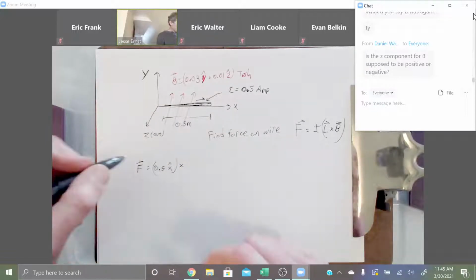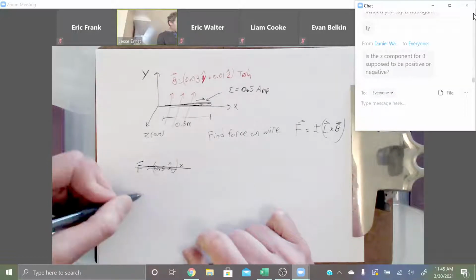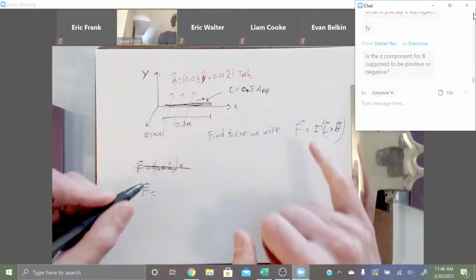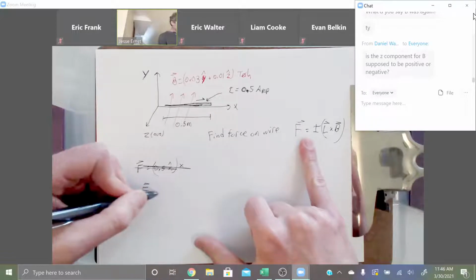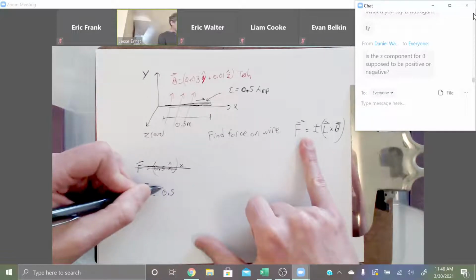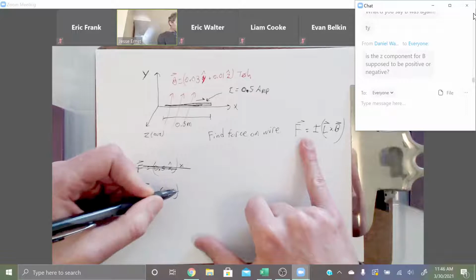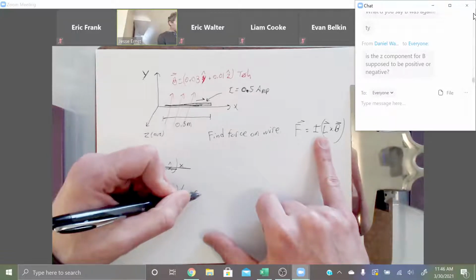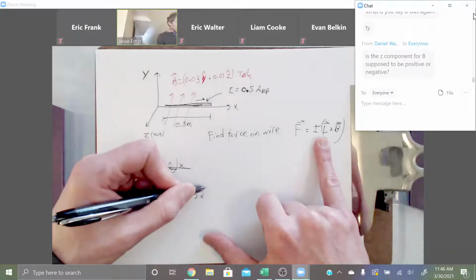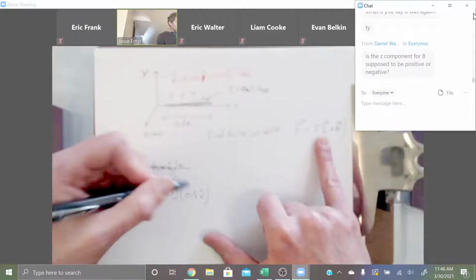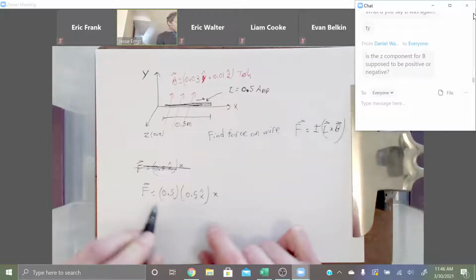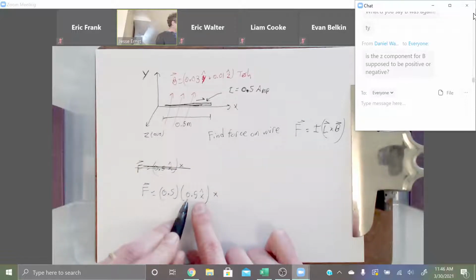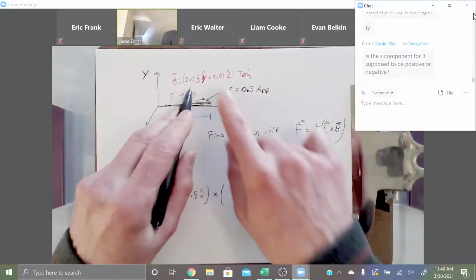Sorry, I screwed up. F vector is I, which is 0.5 amps, times L vector, which is 0.5 X hat, crossed with B vector.